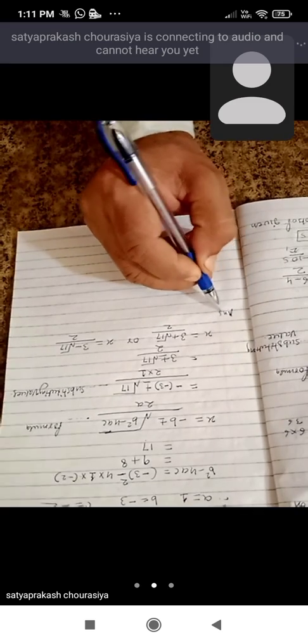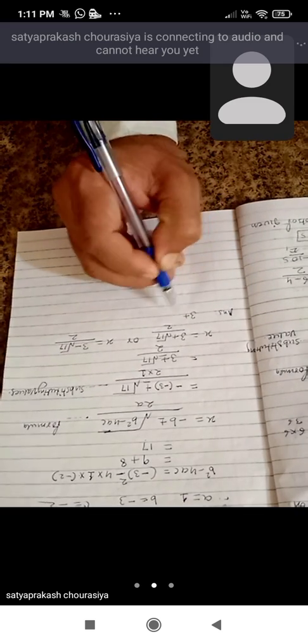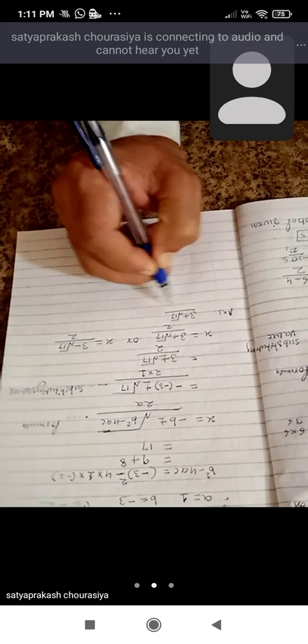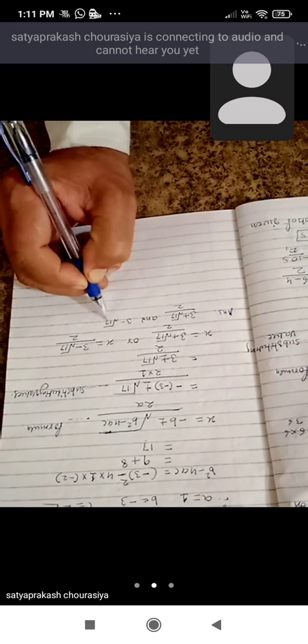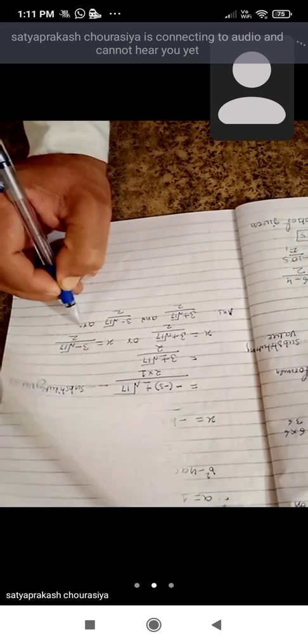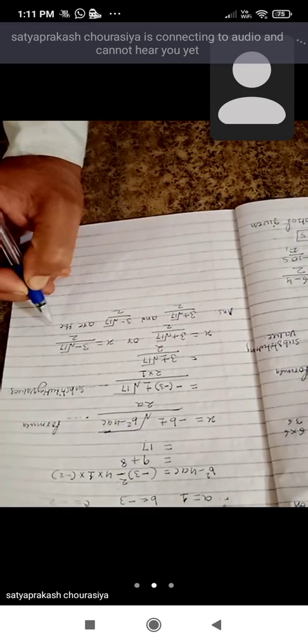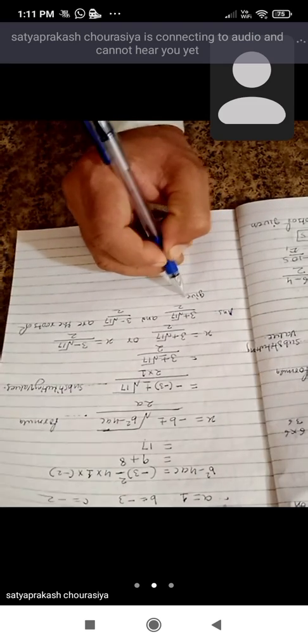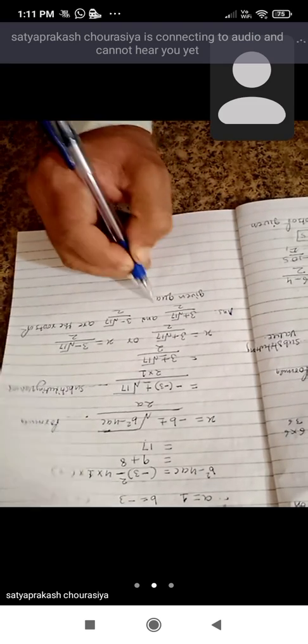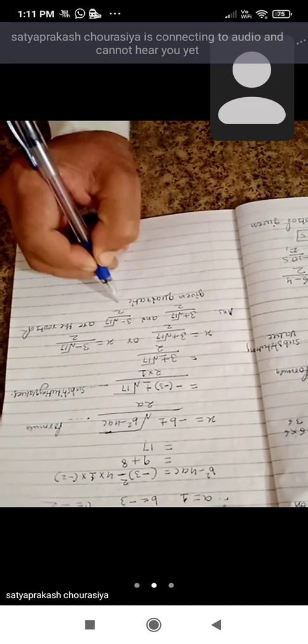Now write down the answer. 3 plus under root 17 upon 2 and 3 minus under root 17 upon 2 are the roots of the given quadratic equation.